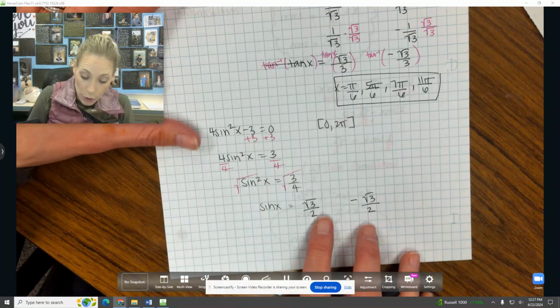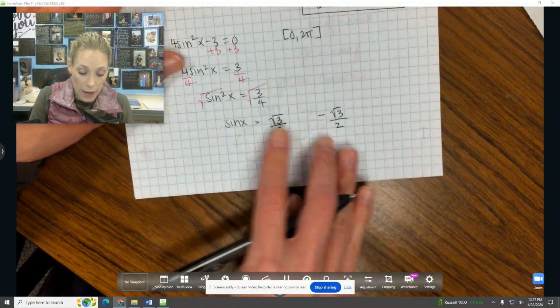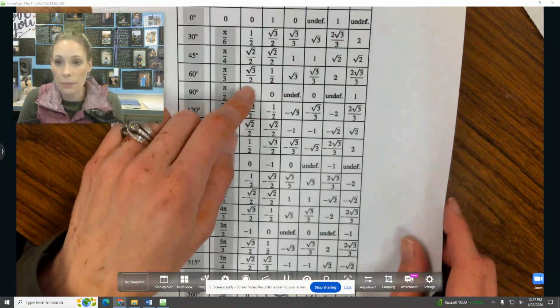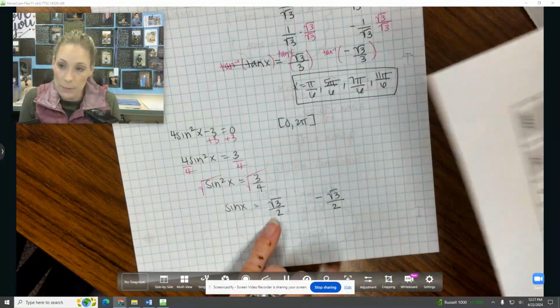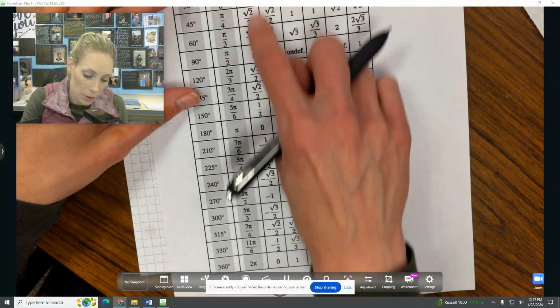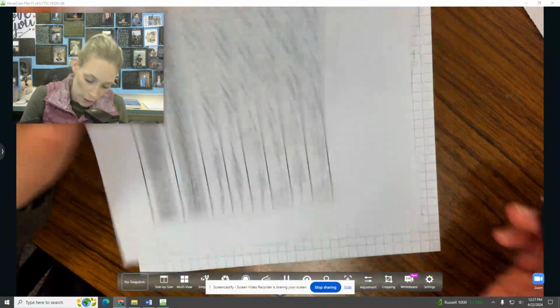So we're going to go look on our chart for all of the times, because it's sine, we're going to go down the sine column, and we're going to look for all of the times that we have either a positive or a negative root 3 over 2. So the first time is at pi over 3.